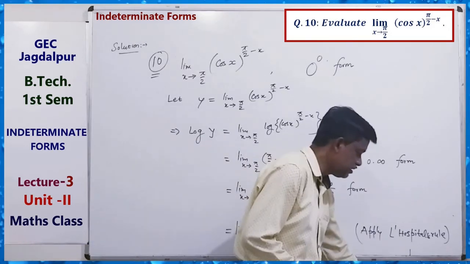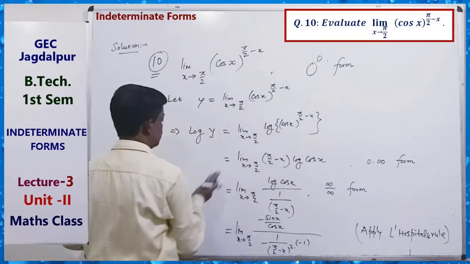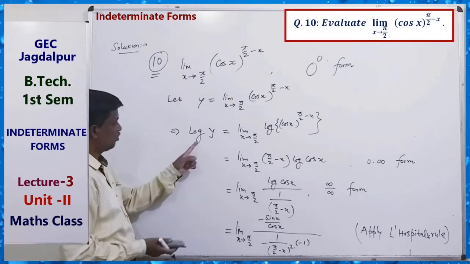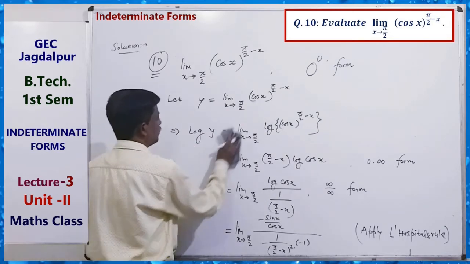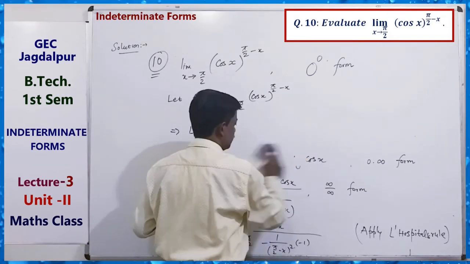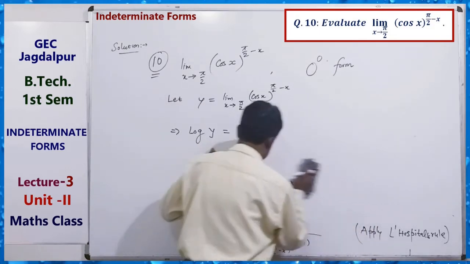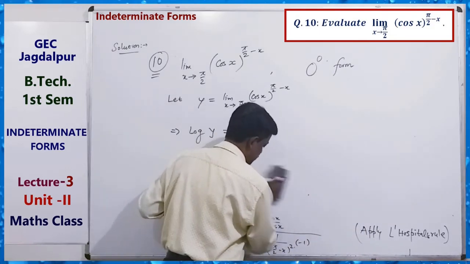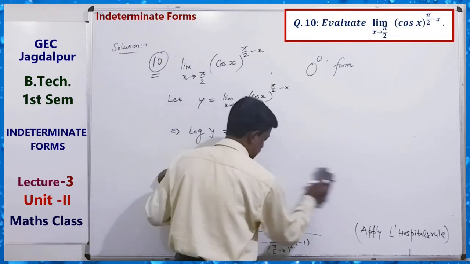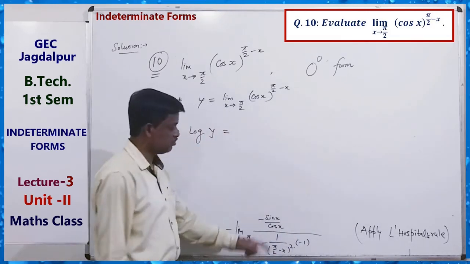So for that we can write it. What is the value of this? Log y. So we can write this in which form? Again, this in which form?